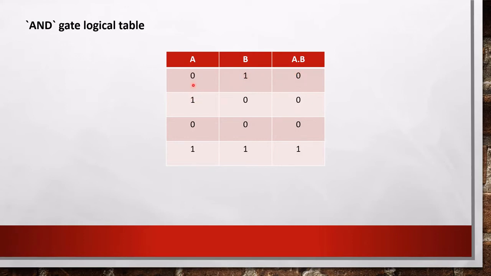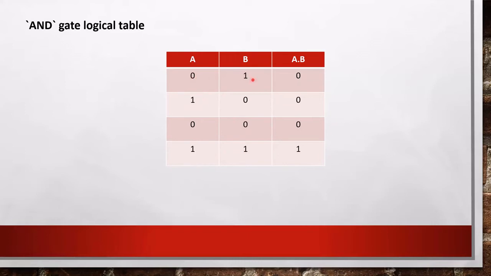Likewise, if you insert 1 as data A and 0 as data B, then 1 into 0 is 0. If you pass 0 and 0, it will be 0. And if you pass 1 and 1, it will be 1. So this is how it works.